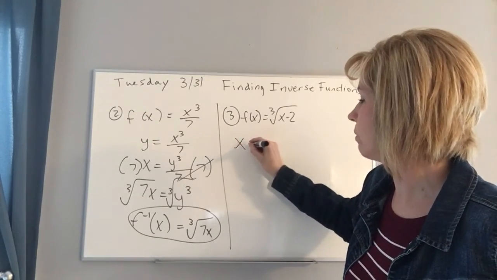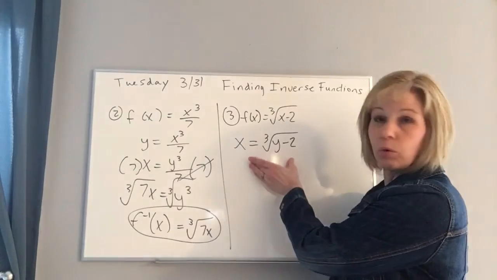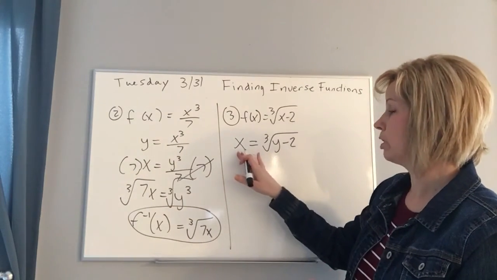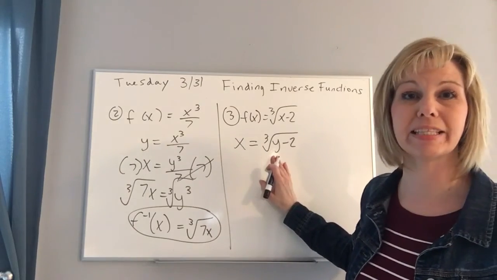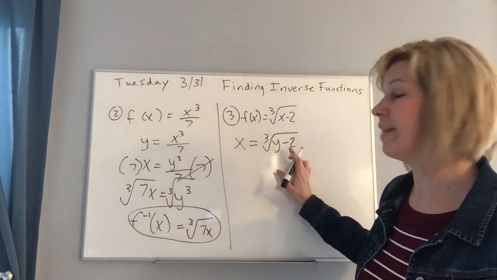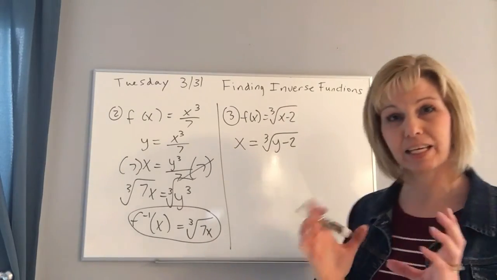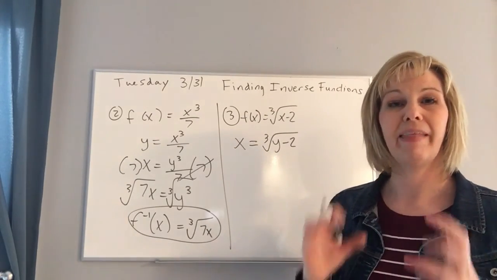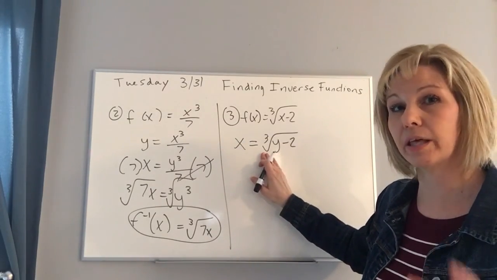Let's put x equals the cube root of y minus 2. Don't change any part of the problem, just switch the x and y. And then we undo what's happened in the problem to find its inverse function. This time you cannot move the minus 2 over. It's underneath the cube root, that's like your parentheses, your grouping symbols. That's what we have to do last. So what we need to undo is the cube root.